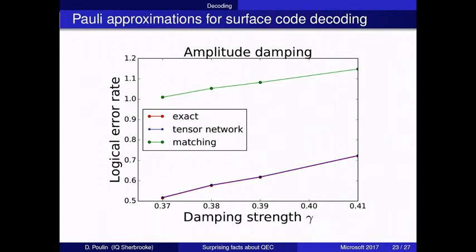So this is for amplitude damping. This green line is if you use matching to decode an amplitude damping channel. So matching is sort of, let's just pretend it's a Pauli channel, like a bit flip channel, and let's decode using the standard decoder for that. And the red line down here is the exact tensor network contraction.